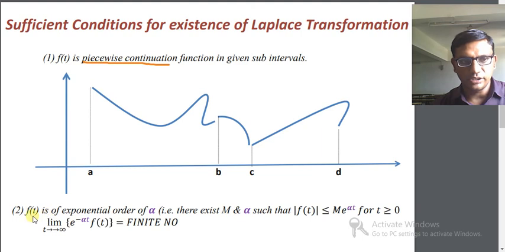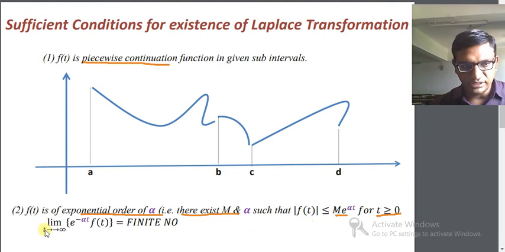The second and important condition of the Laplace transformation is that f of t is of exponential order alpha. That means there exists some m, where m is any constant, and alpha, we have to find m and alpha, such that the whole function is smaller than m into e raised to alpha t for all t greater than or equal to 0.